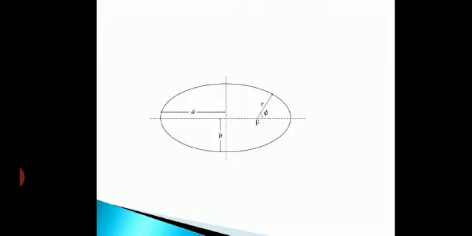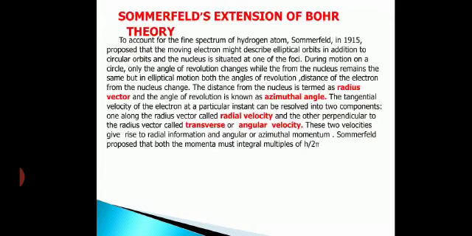Initially Sommerfeld failed, but later on, by using the mass and the velocity of the electron, he found the solution. Now, what Sommerfeld actually said: it is an extension of Bohr's atomic model. Here I have written everything.